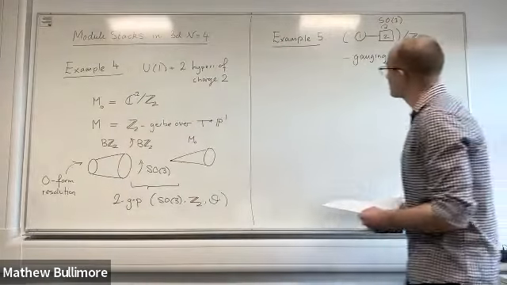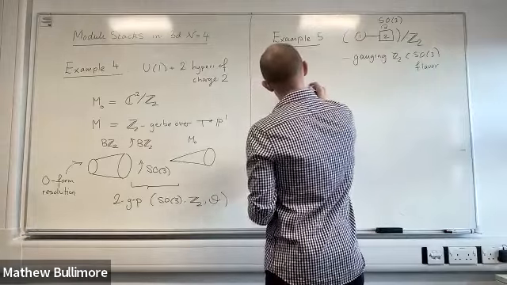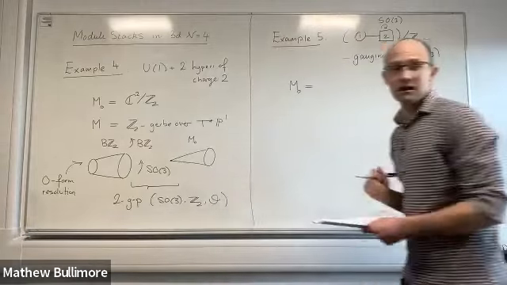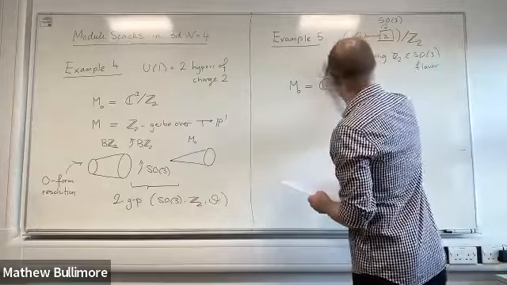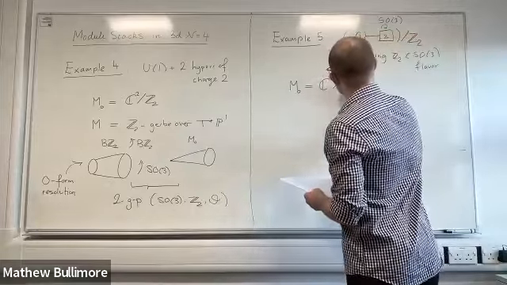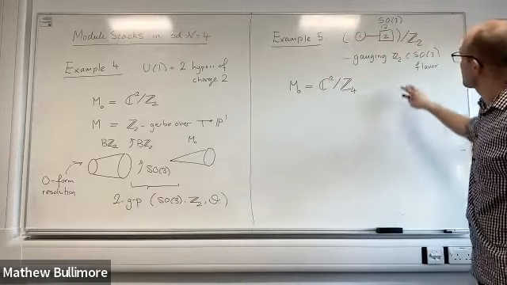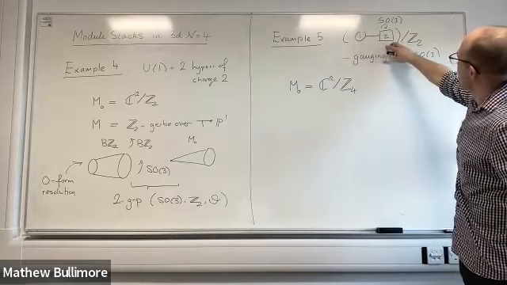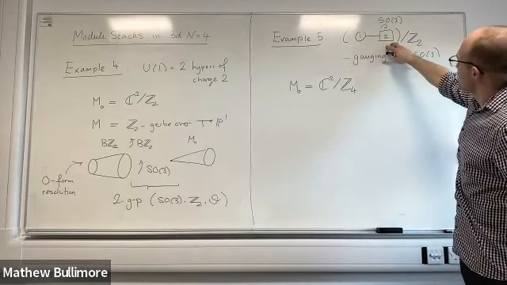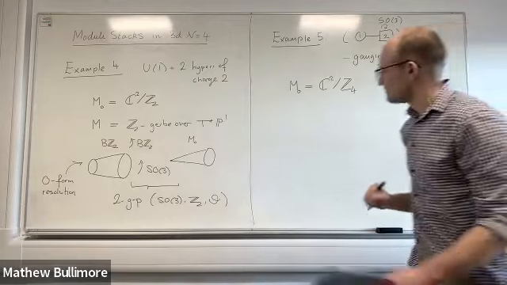Let me just tell you what happens. So in this case, if you compute the Higgs branch moduli space, the underlying moduli space, what you find is C2 mod Z4 in this case.